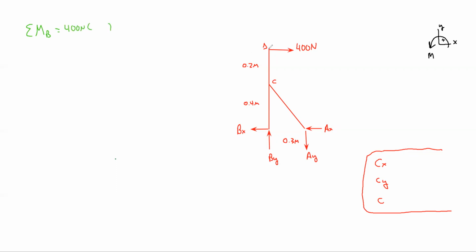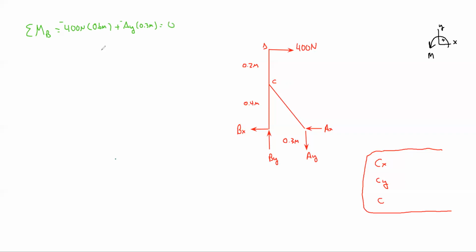The perpendicular distance between D and B is 0.2 plus 0.4, which is 0.6 meters. And we have AY. The perpendicular distance between point A and point B is given as 0.3 meters. Grabbing our directions, if I'm rotating about point B and pulling at point D, that's clockwise, which is negative. AY is also negative. Big surprise, I guessed wrong again.